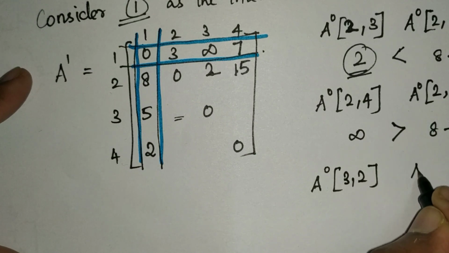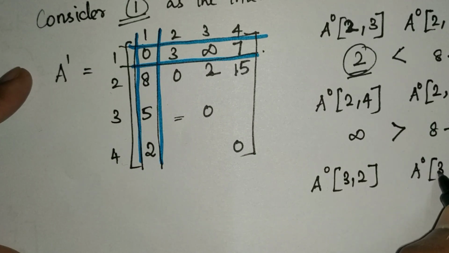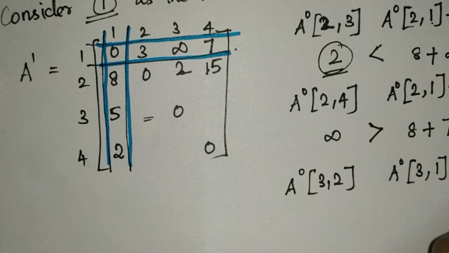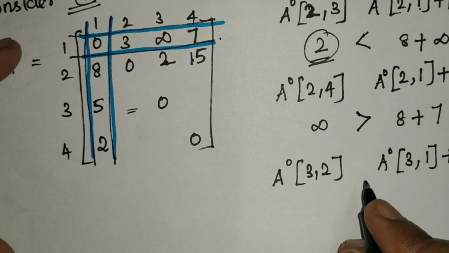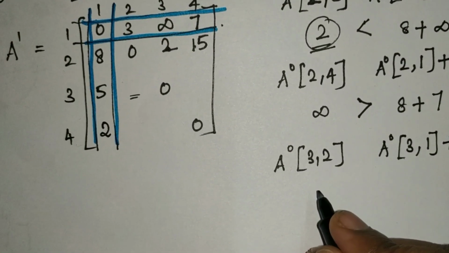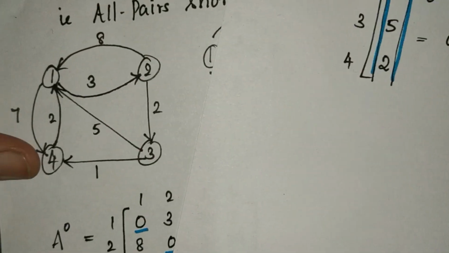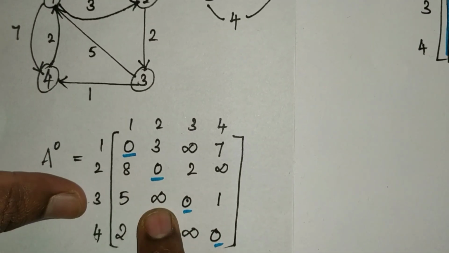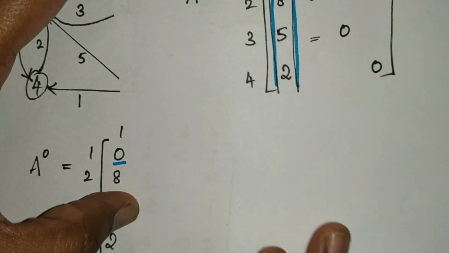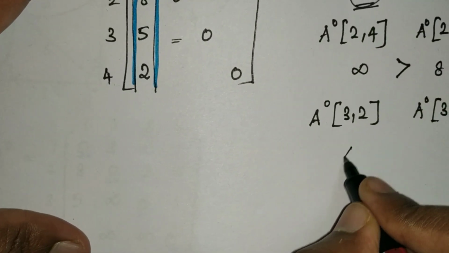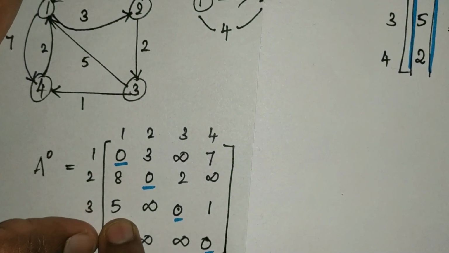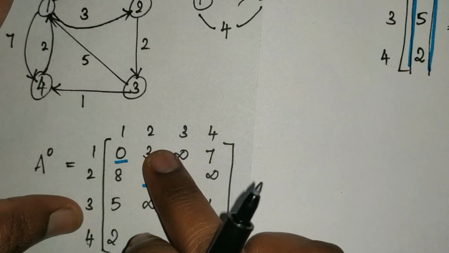So for that we will check the values from going through vertex 1: 3,1 plus 1,2. So what is 3,2 here? 3,2 is infinity, and 3,1 is 5 and 1,2 is 3.